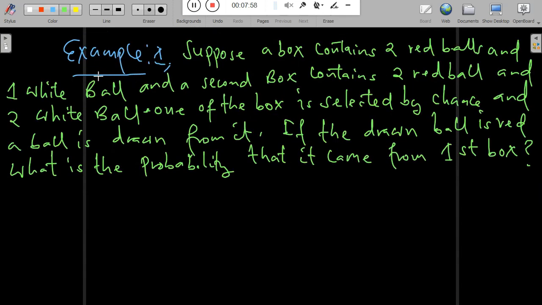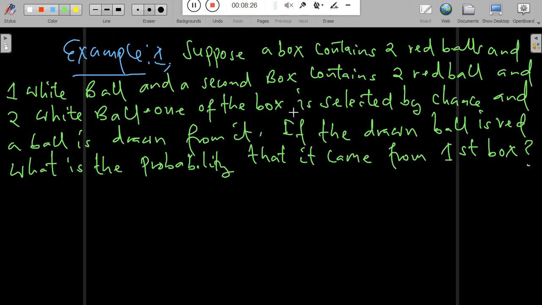For example number 1, suppose a box contains 2 red balls and 1 white ball, and the second box contains 2 red balls and 2 white balls. One of the boxes is selected by chance and a ball is drawn from it.